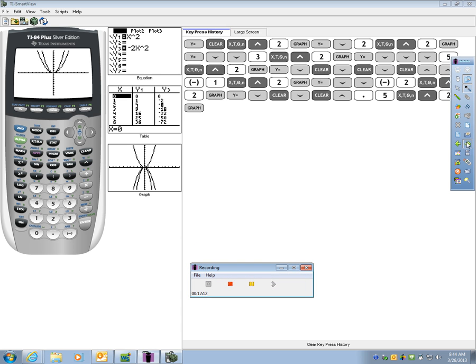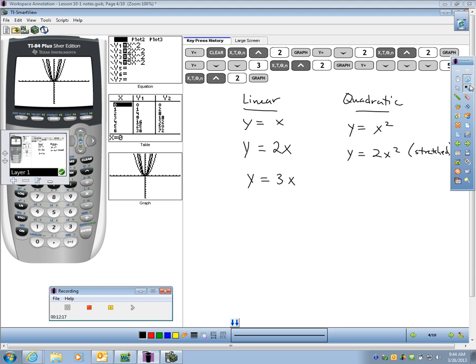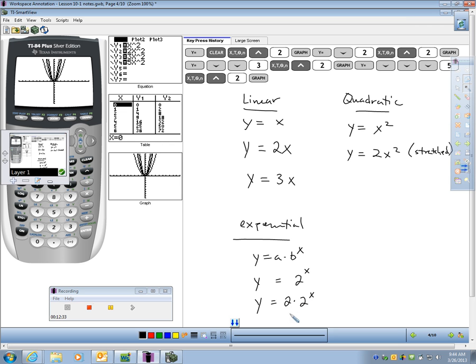In fact, if I go another slide ahead here, we were talking linear and quadratic. I forgot one. We also used that when we talked about exponential functions. Remember, exponential functions were in this form? If I just had, let's say, 2 to the x power, that's exponential. But if I did 2 times 2 to the x power, this 2 stretched the graph again.